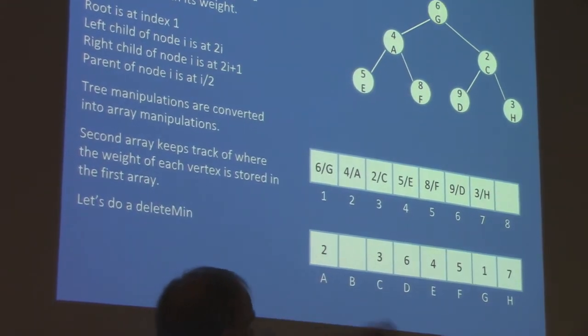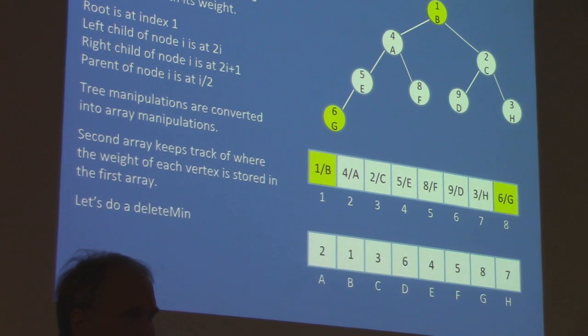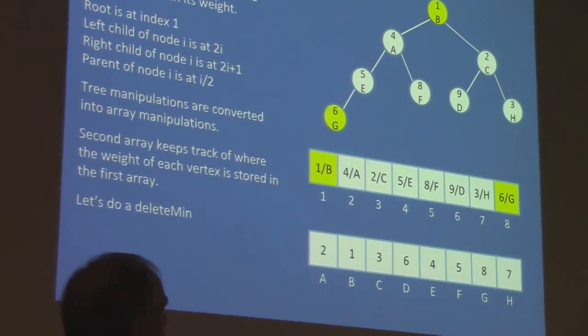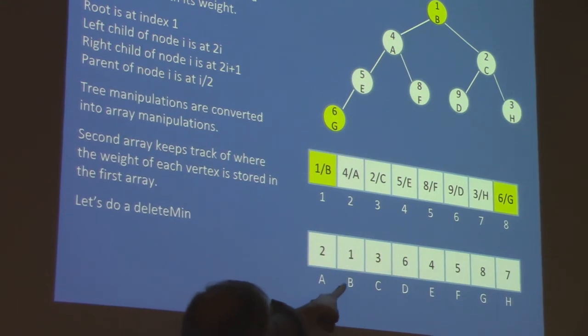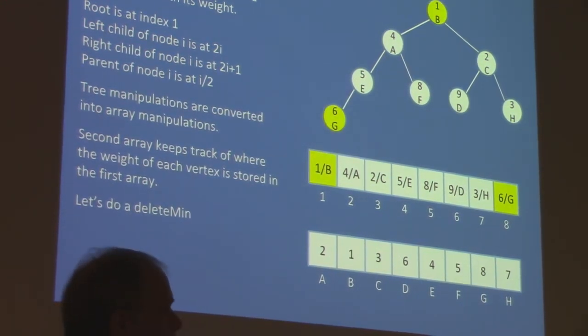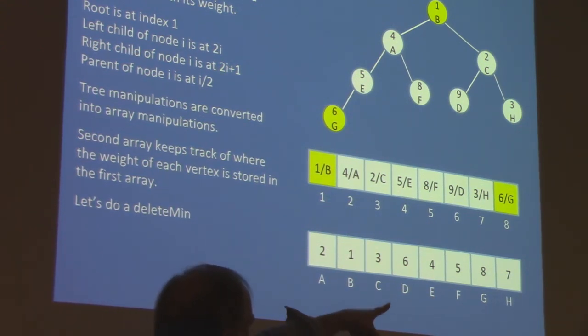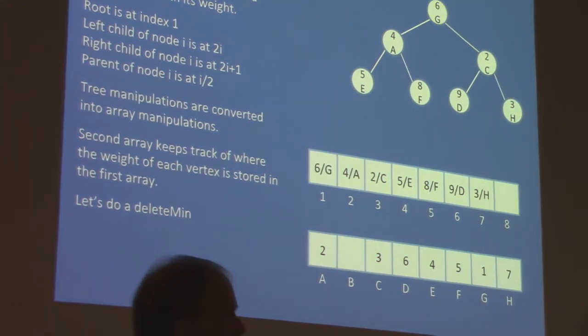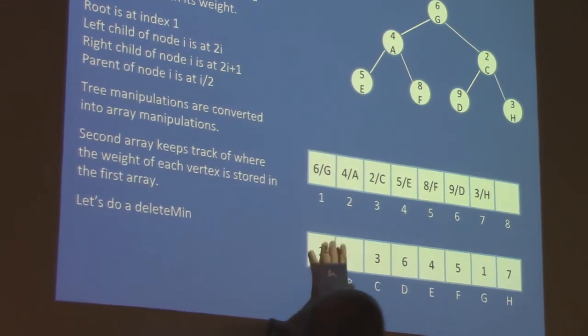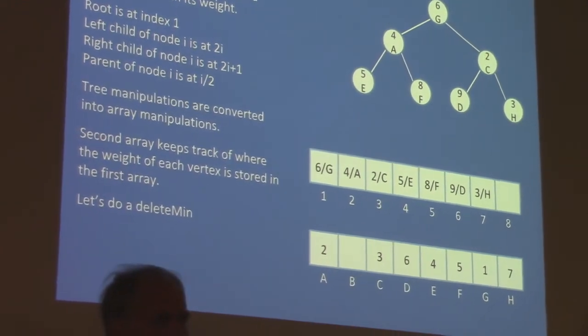So what changed down here when I did that? Yeah, B's no longer in the array. So B disappears from this. And what else changes? G becomes 1. G's index was 8, now it's 1. So every time you move something up there or remove something up there, you've got to do the same thing down here.